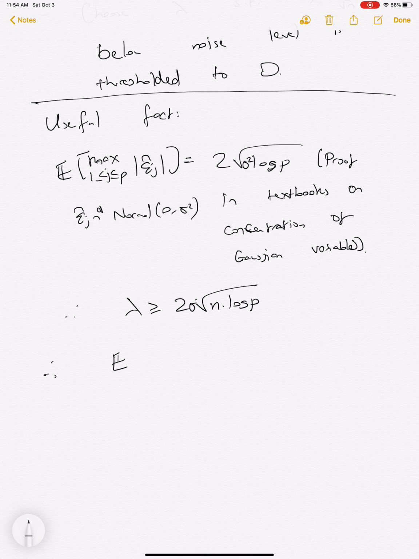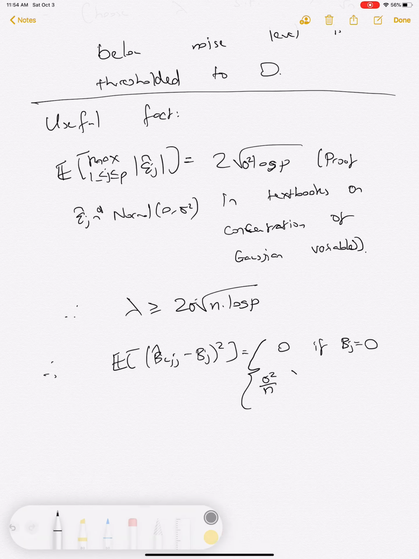And then using some simplifications, we get that this thing is going to be equal to 0 if bj is 0, and if bj is not 0, then we're going to get something nonzero.